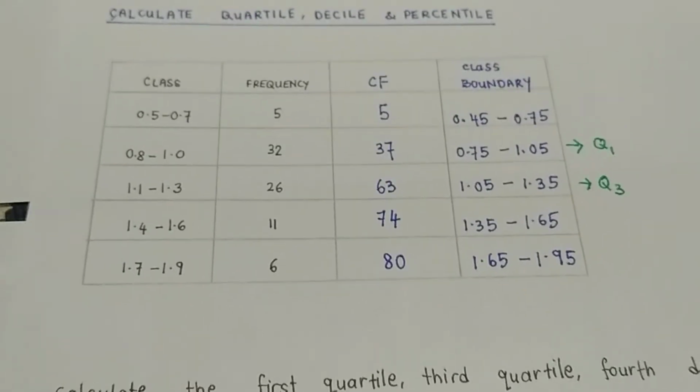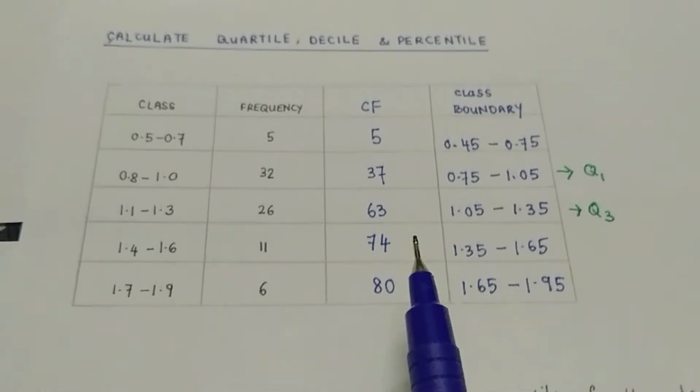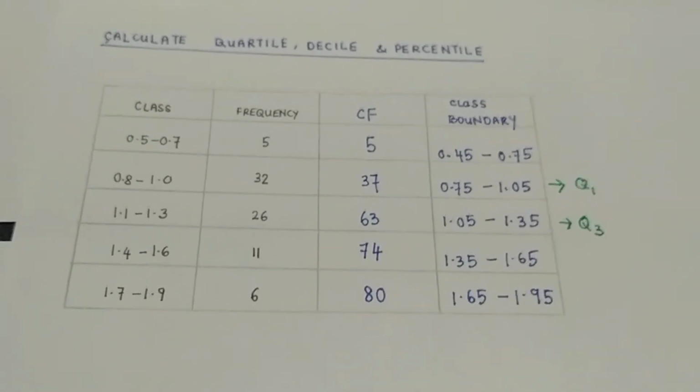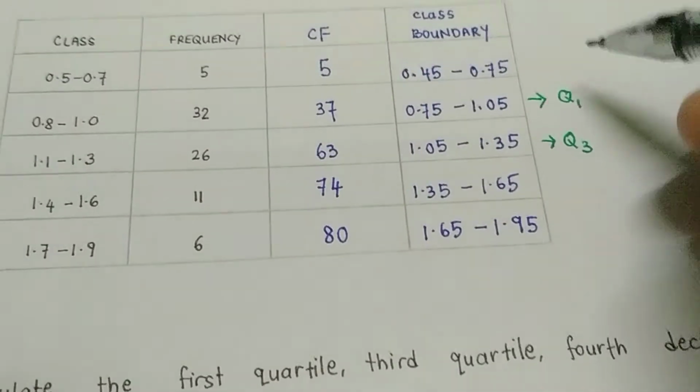Okay, we repeat the same process. We look at the cumulative frequency. So 32 lies in this class. Okay, so this is our D4 class.